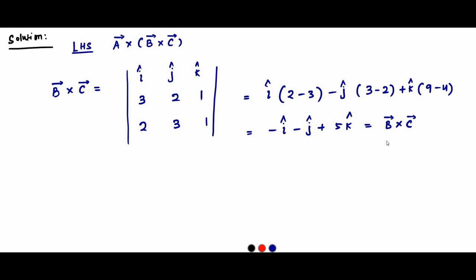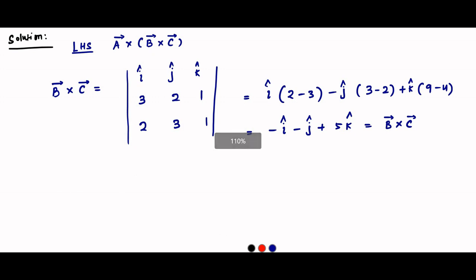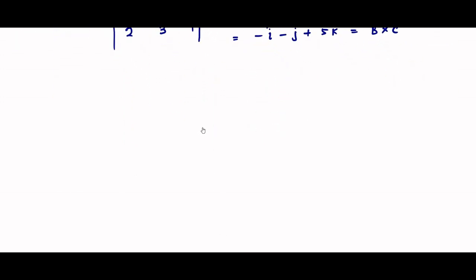Okay, then we will determine a vector cross b vector cross c vector. For that, again component wise, i cap, j cap, k cap.